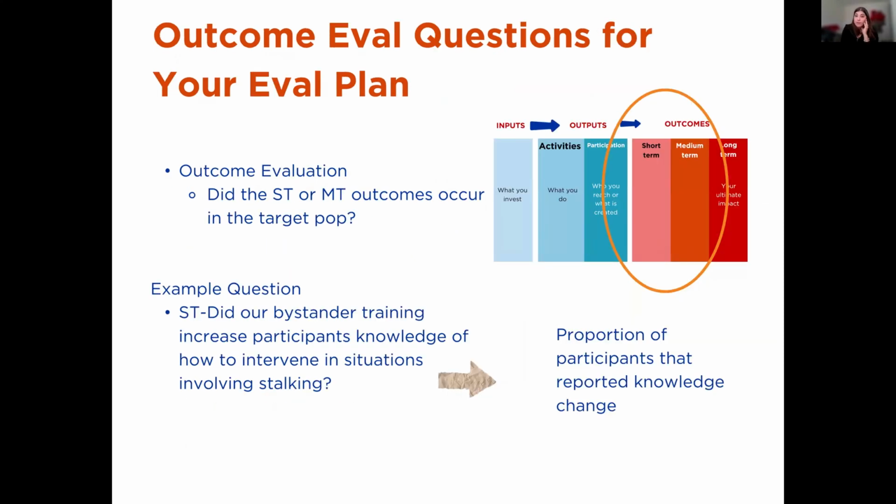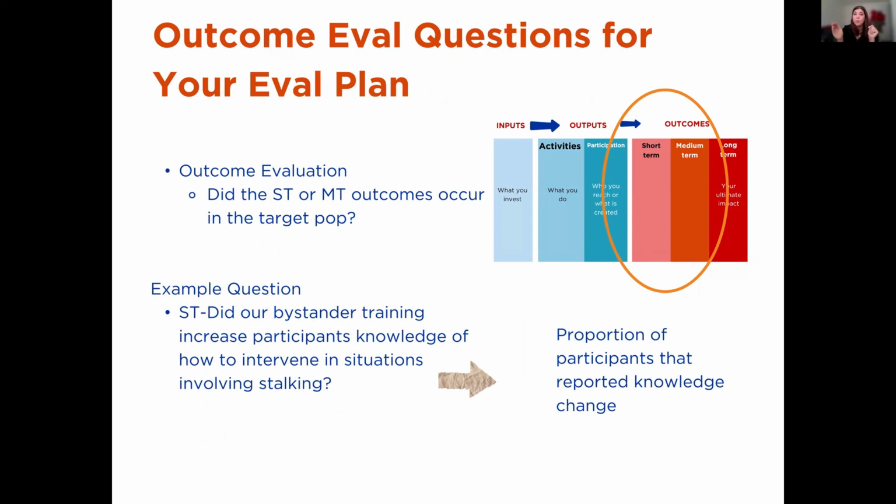So when I'm thinking specifically about outcome evaluation, right? If I'm thinking about something like a short-term outcome that I am trying to develop, right? So like I said, one of the most important things is having alignment with my evaluation question. So my short-term evaluation question is, in this case, did our bystander training program increase participants' knowledge of how to intervene in situations involving stalking, right?